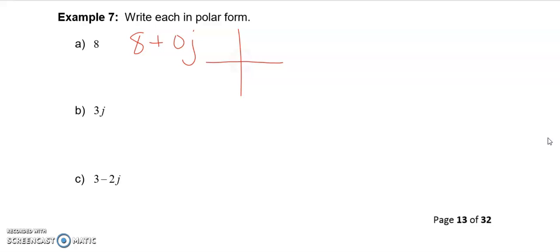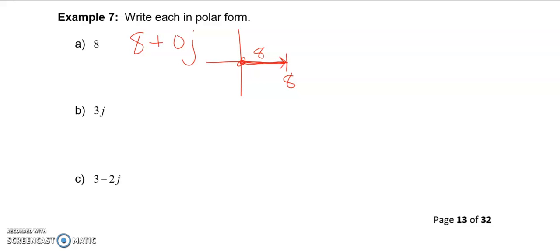If you graph that, ladies and gentlemen, that number will be pointing directly along the positive x-axis, just like that. There's your vector. And the length of that vector, again, no calculation required, you know that's going to be 8 because it reaches all the way to 8 on the real axis. The angle formed in standard position is 0 degrees. In other words, the initial arm and the terminal arm are pointing exactly in the same direction.